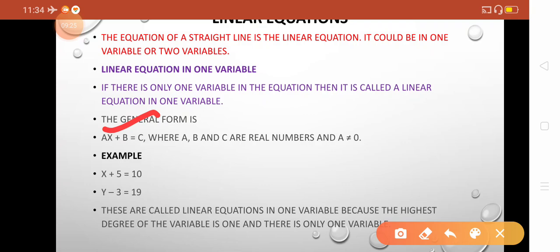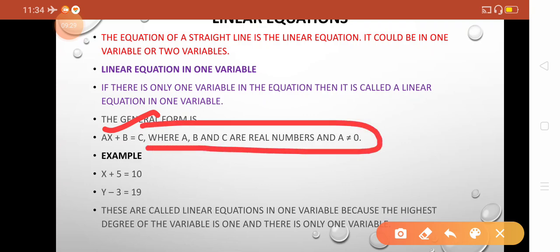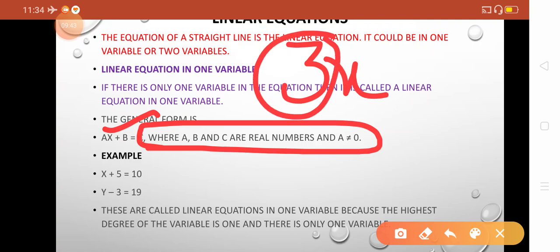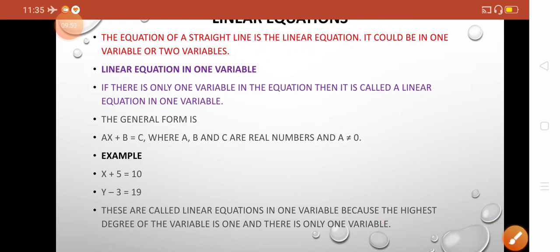Here a, b, c can be any real number, and a must not be equal to 0. That means there should be a variable. 3 is not a linear equation in one variable. 3x is a linear equation in one variable. The coefficient of the variable must not be equal to 0.